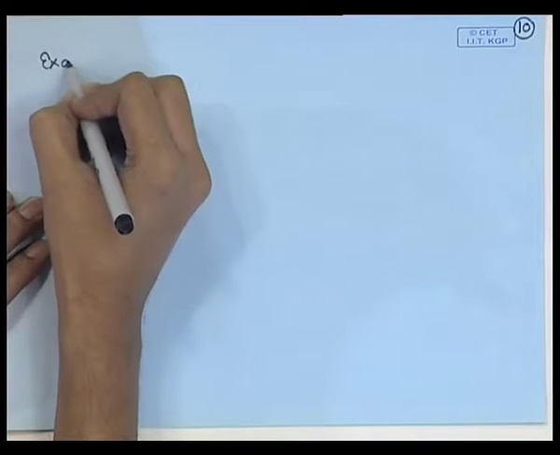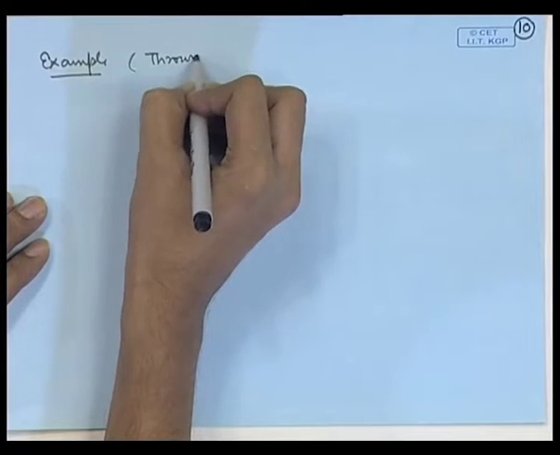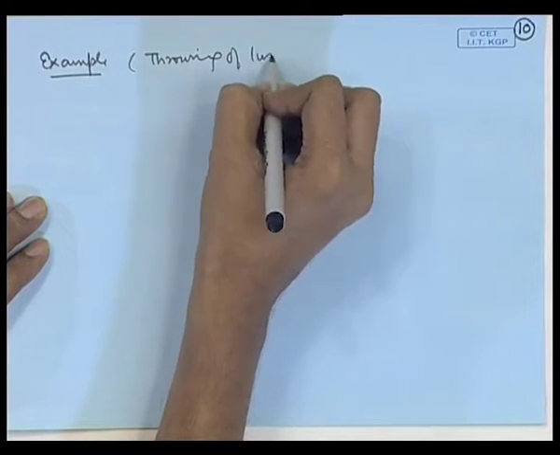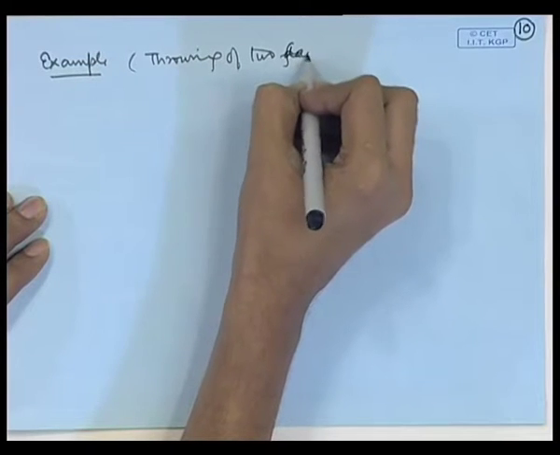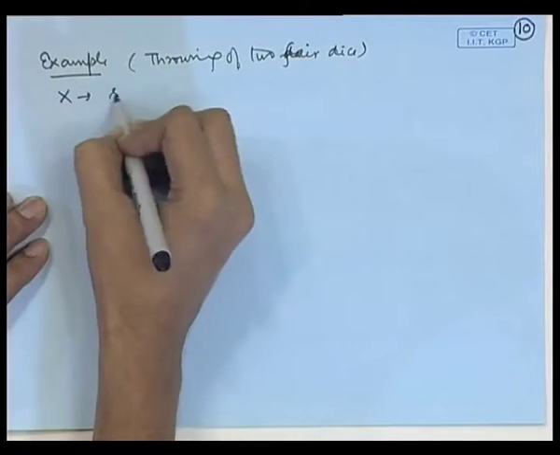Let us take one more example, that of a die throwing problem, where I defined the random variable to be the sum of the two dice. So, in that example, consider throwing of two fair dice, and the random variable X was the sum.